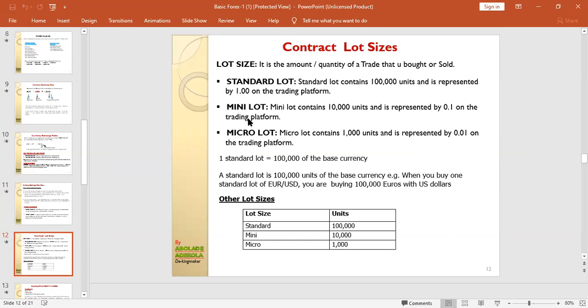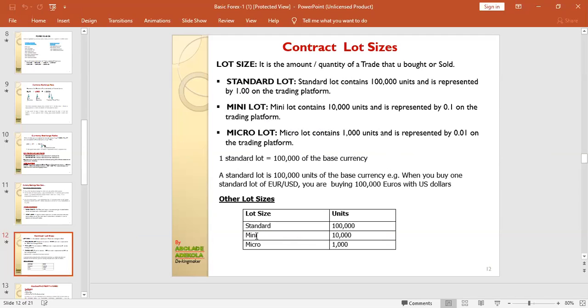All these lots, you can only trade them based on your capital, just like I explained yesterday. We'll explain deeper on this during our advanced training. We really don't have much time to share on this basic training. So I hope you guys are familiar with lot size.